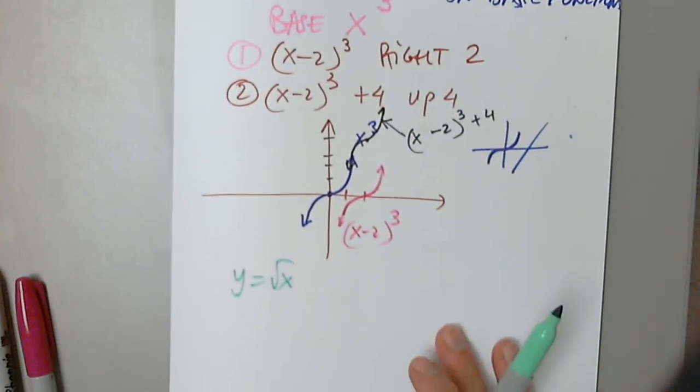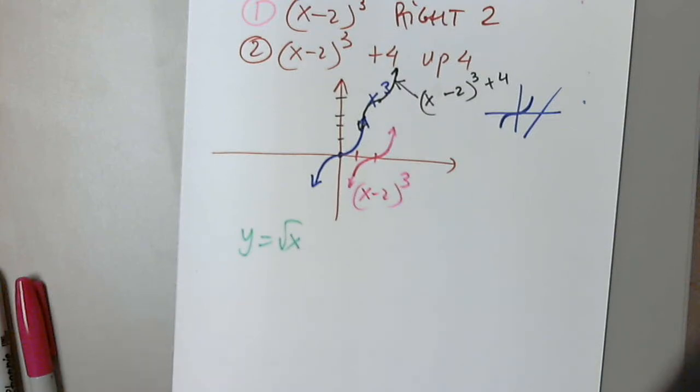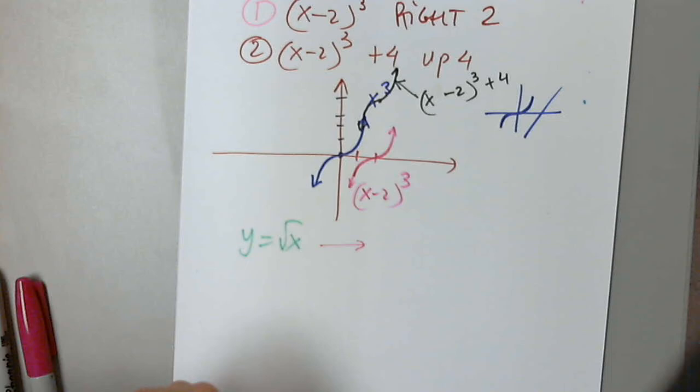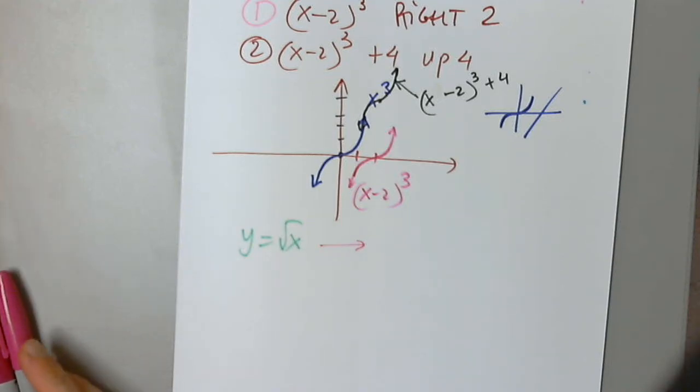But here I'm going to ask you about the domain. This is not a polynomial. This is not a function that I like to call friendly. Okay, can anyone dictate a restriction that we have to write for this? Anyone? x is greater than or equal to 0.